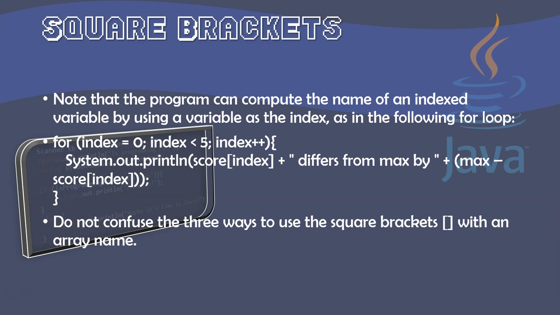Do not confuse the three ways to use square brackets with an array name. One of the things you'll notice is these square brackets right here are referring to what? To index. Index, of course, is the variable we're using for this loop. So when I go through this loop the first time, index will be 0, which refers to that first position in the array. Once it goes to the next iteration, we change index to 1, which then refers to the second position in the array.